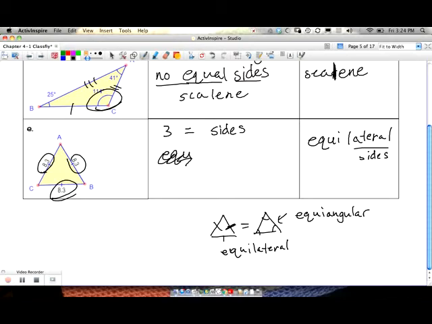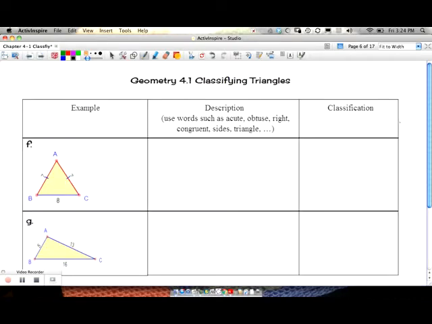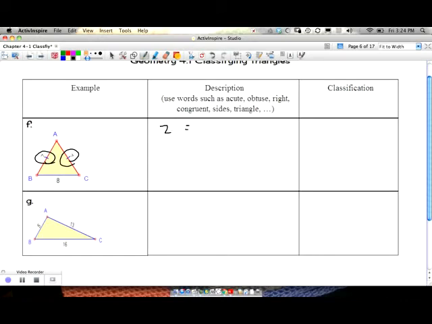Let's look at another example. So I see that I have two sides that are equal, so two equal sides. And we have all acute angles. To me, that means that it's going to be an acute triangle.